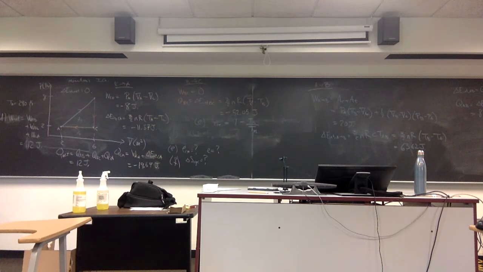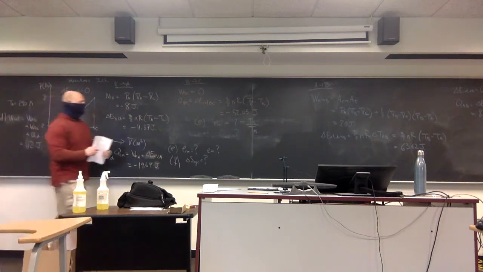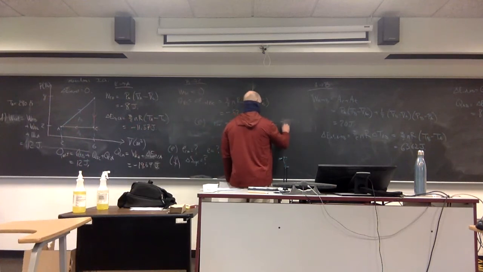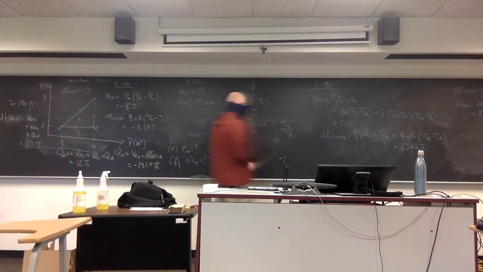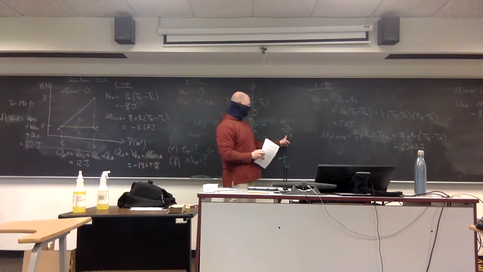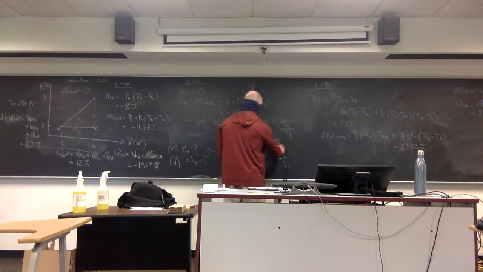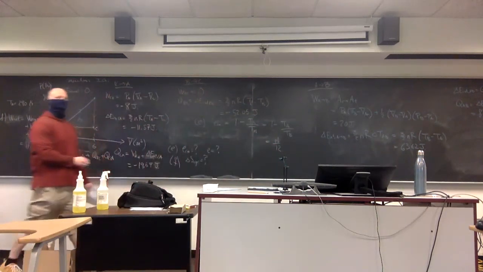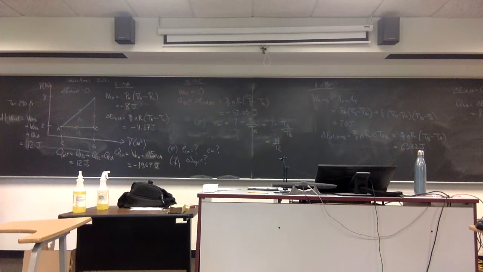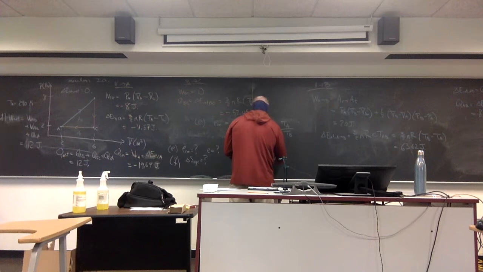The cold temperature is just the lowest temperature, in this case the temperature at A. The hottest temperature is the temperature at B. So this is 1 minus the temperature at A divided by the temperature at B. What I also know is that the temperature of B is 12 times the temperature of A, so I get 1 minus 1/12, which is the same thing as 11 twelfths, which means that this thing has an efficiency of about 91.7%.